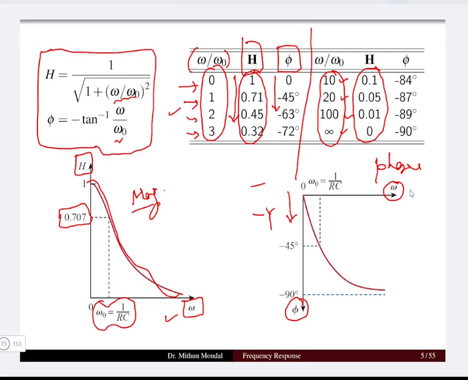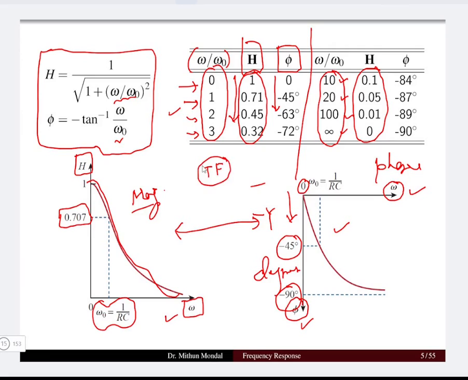The phase representation is the plot of the frequency with respect to the phase values. The phase values are in degrees. So we have at the origin 0 degree, then we have minus 45, and then we have minus 90 degree. So we are plotting the phase with respect to frequency. These two plots are known as the frequency response plot, and these plots we have obtained from the transfer function.